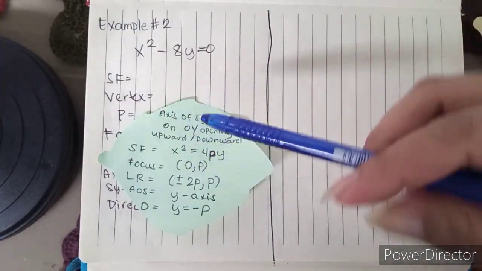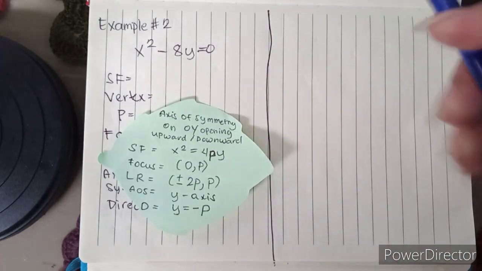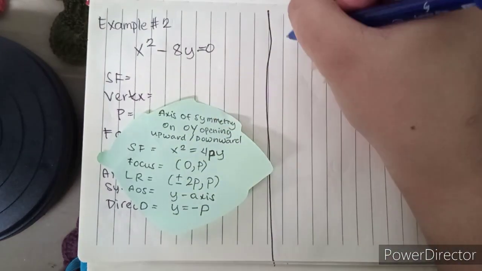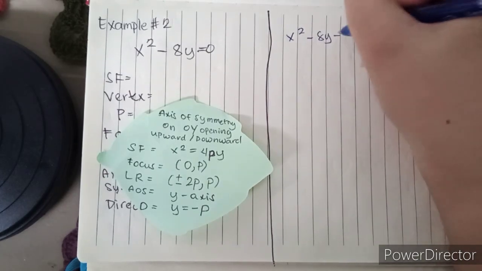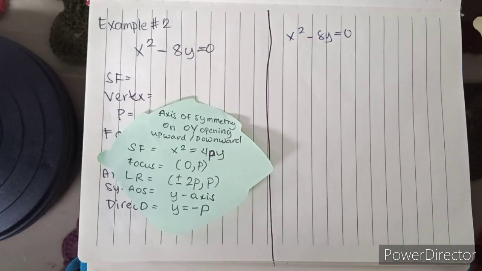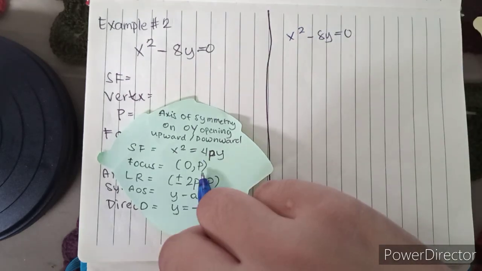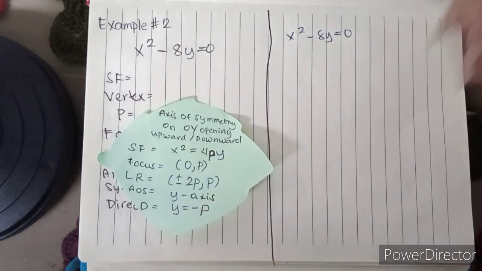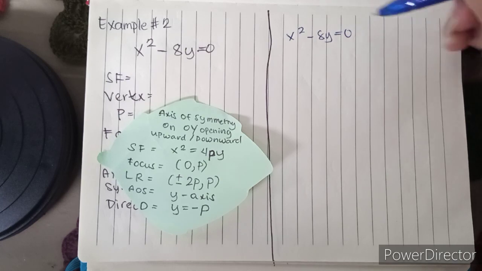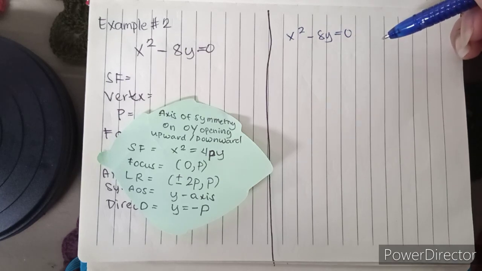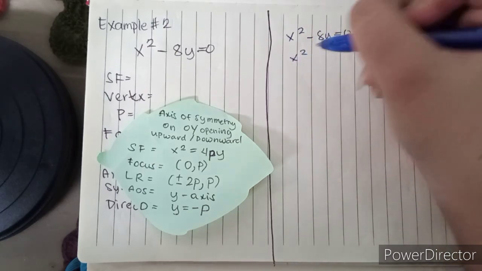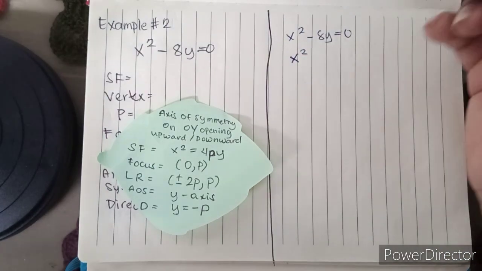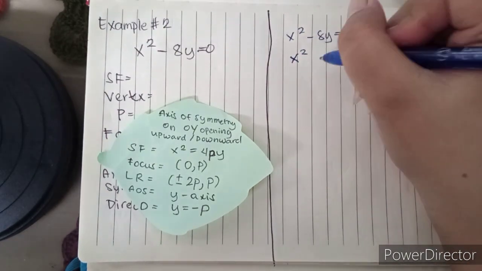So, gagawin natin siyang ganito. So, let's rewrite dito sa kabilang side. So, we have x squared minus 8y is equal to 0. So, para maging ganito siya, okay, ililipat natin ngayon sa kabilang side si -8y. So, let's rewrite. So, magiging x squared. Lipat natin sa kabilang side ng equal.